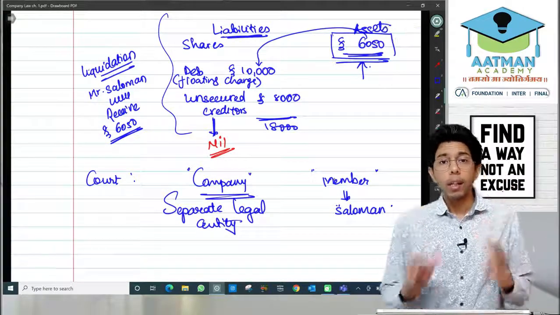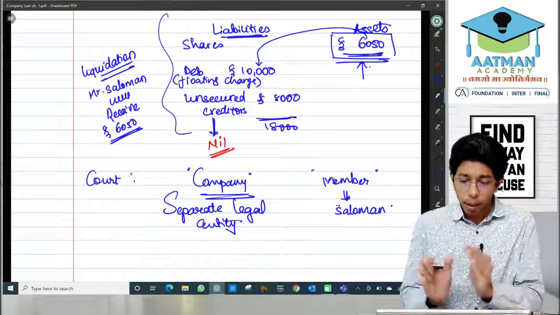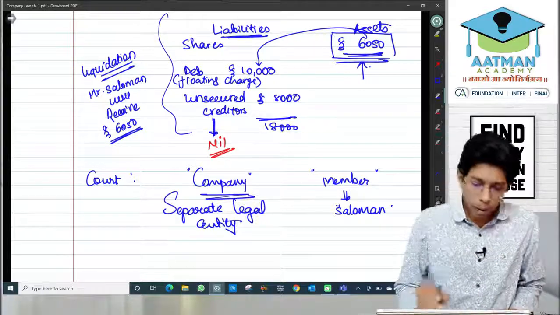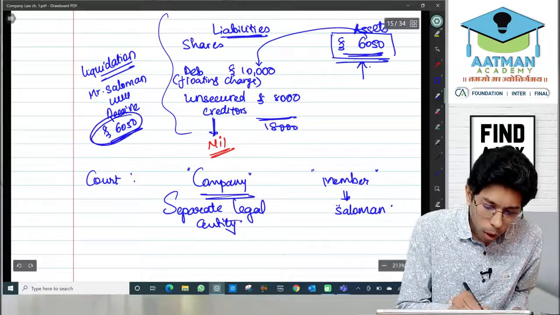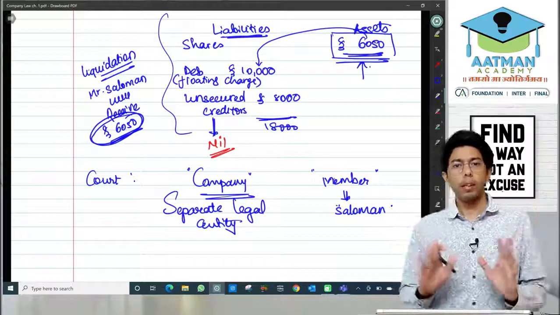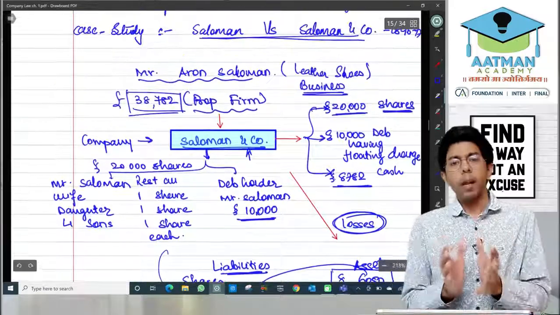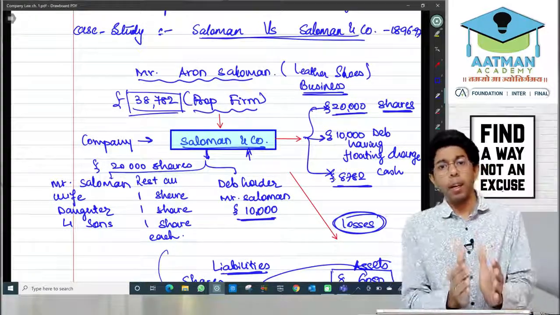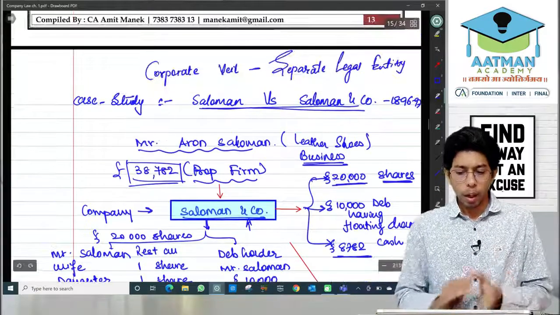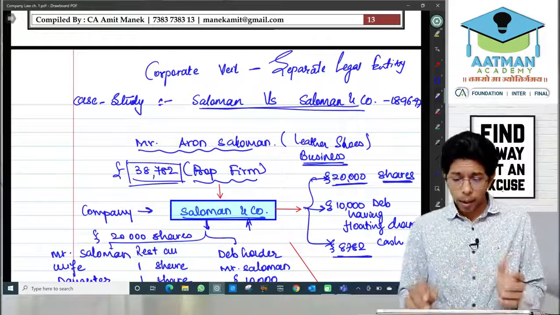We cannot consider that this company belongs to Saloman only. So the final verdict was that the payment will go to Saloman only and unsecured creditors will receive nothing. By this landmark judgment we can say that the company is different from its members. That is called a landmark judgment.